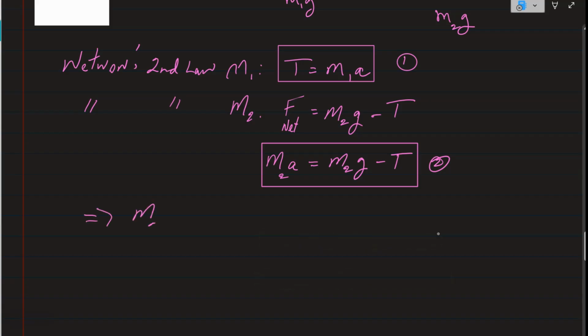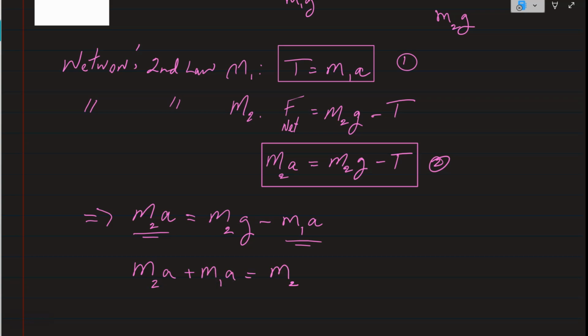We have M2A equals M2G minus M1A. Now we're going to bring all the like terms, A and A, both acceleration, to one side. So we get M2A plus M1A equals M2G.